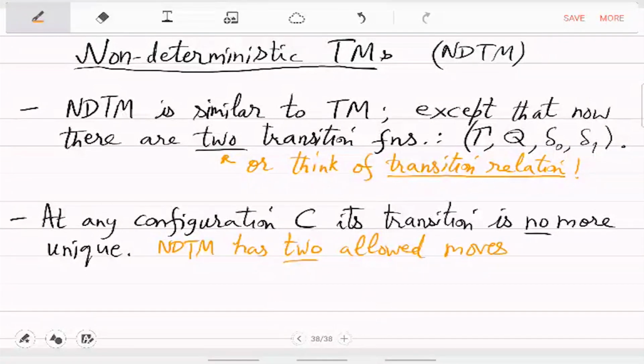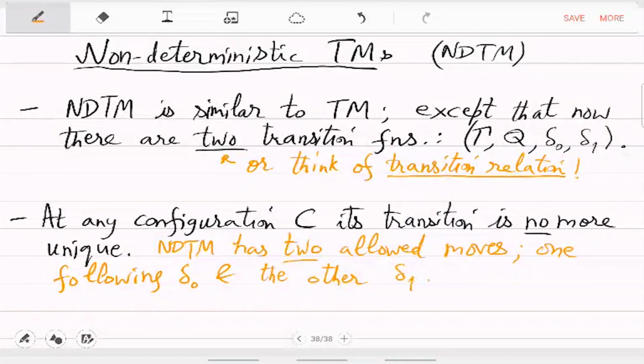One following delta 0, and the other delta 1. Okay, these are the two moves. Now, given a configuration, which one of these will the Turing machine choose? We don't say anything about the choice.